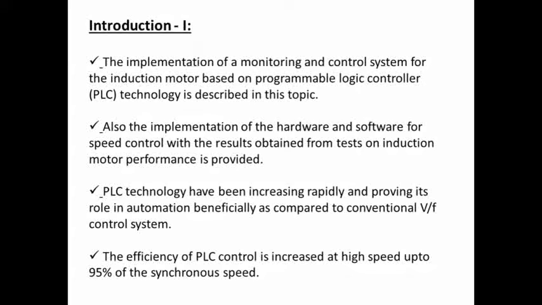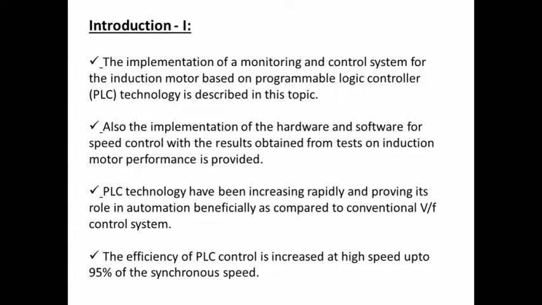PLC technology has been rapidly increasing and proving its results in the field of automation engineering, and beneficially it can show results compared to various methods of speed control, that is, speed control by using armature control.